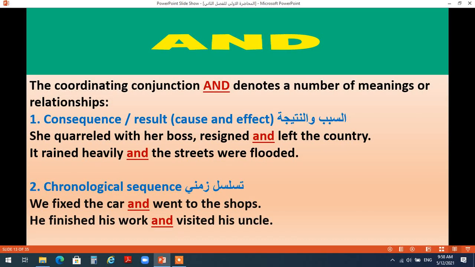The other meaning or relationship is chronological sequence أو التسلسل الزمني. For example, we fixed the car and went to the shops. إذن لدينا تسلسل زمني لأحداث معينة. First, we fixed the car and then we went to the shops.